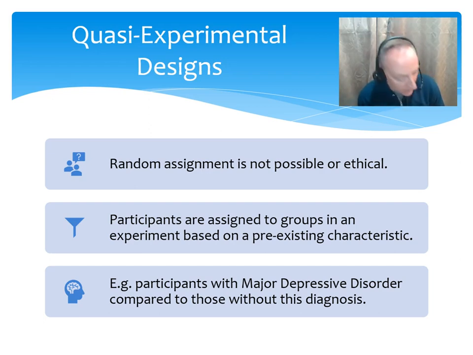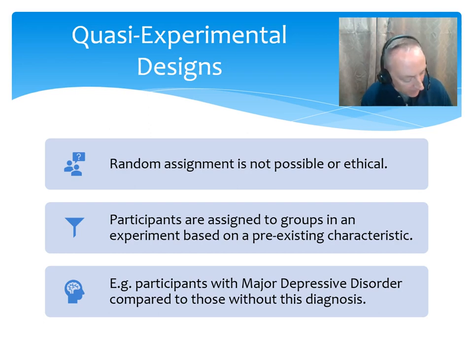So let's say, for example, I am interested in studying something about people who have major depressive disorder. It's a pre-existing condition. So that means I'm not randomly assigning you to be depressed. I am selecting you because you already have that pre-existing condition. And I might be comparing people with that diagnosis to those without it.